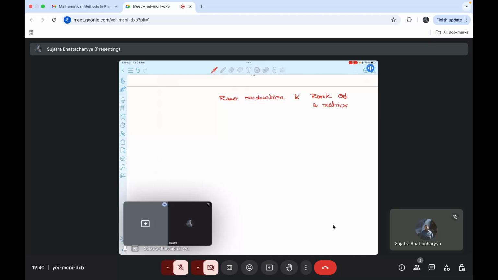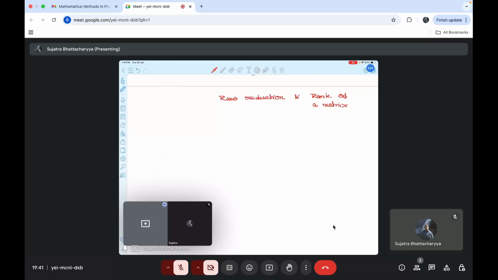From the same row reduction technique only, the rank can be found out. I will first write the different techniques to do this row reduction, and then let's take one or two examples to illustrate how to do this row reduction and how to calculate the rank of a matrix.